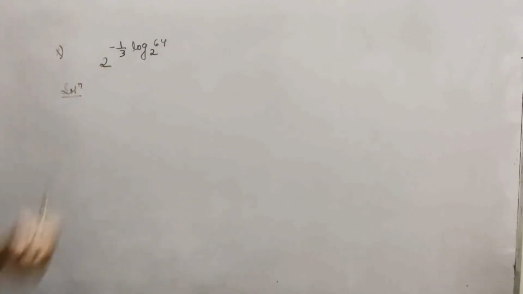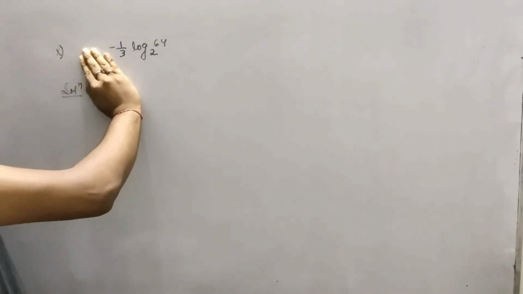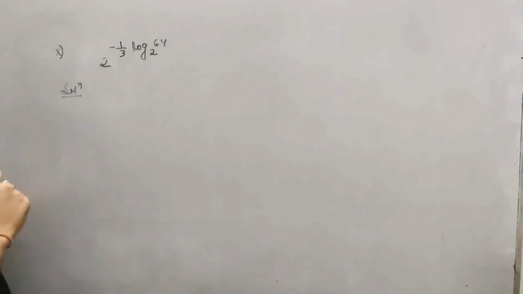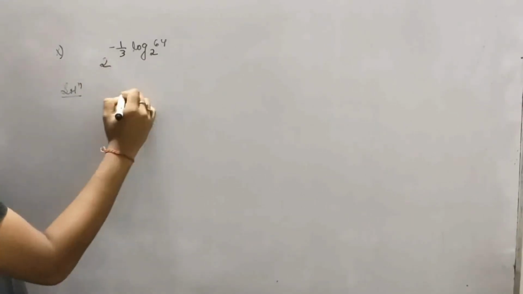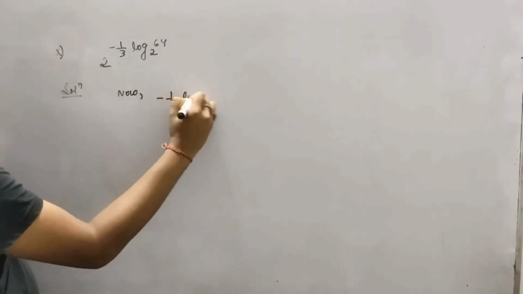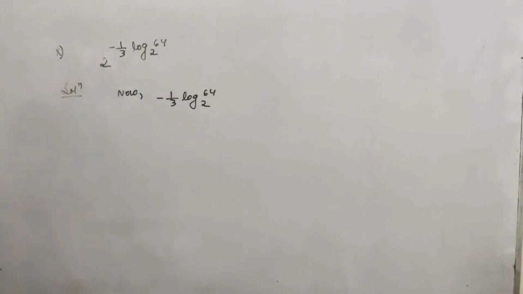There it is 2 to the power. Forget about this 2. Suppose this 2 is not given, then the question is very simple. So forget about this 2 for a while. Say this 2 is not there. So say now minus 1 by 3 log 64 base 2. Solve this one. Forget about this 2.